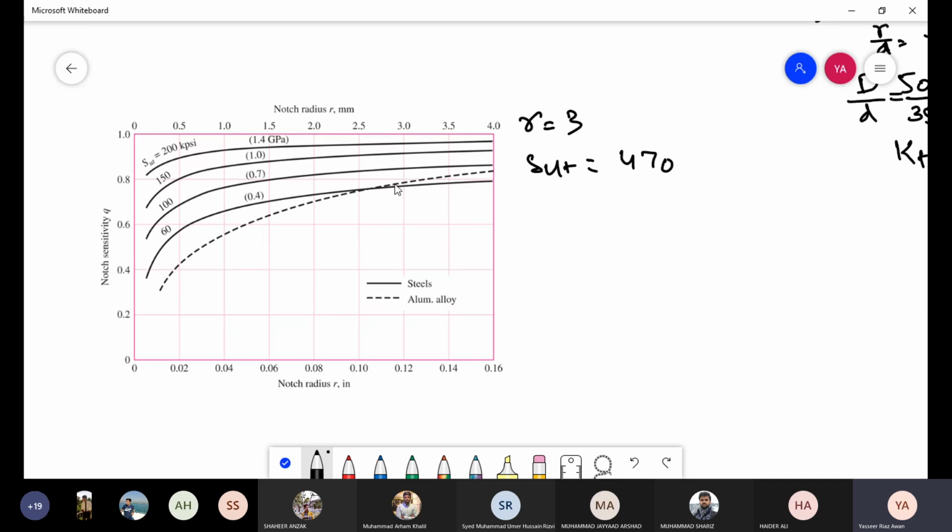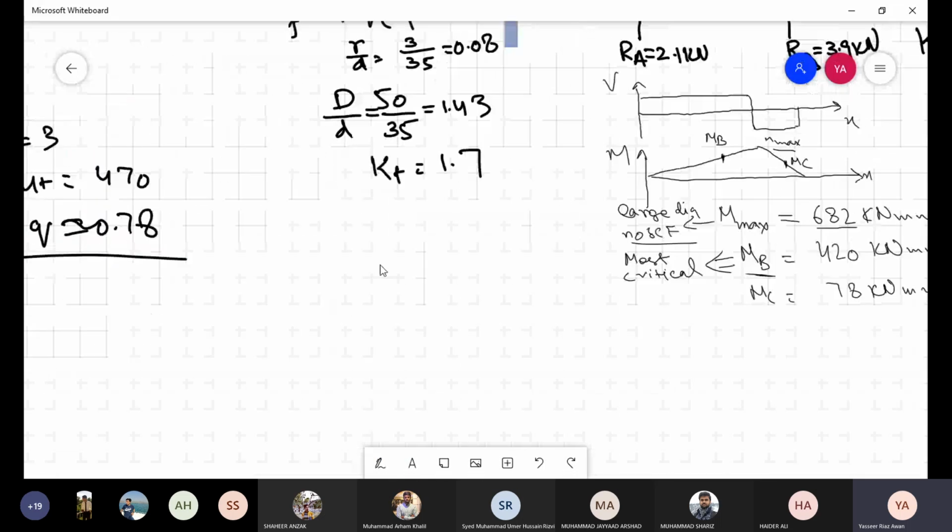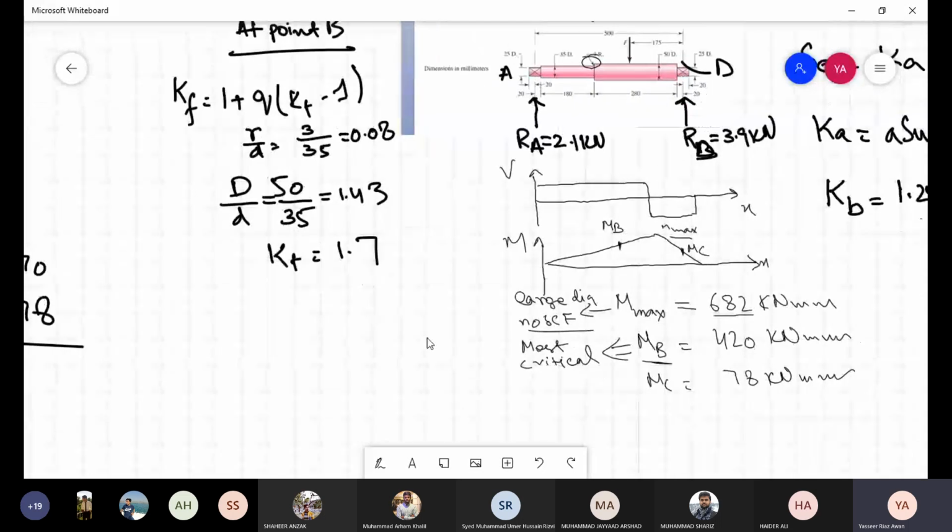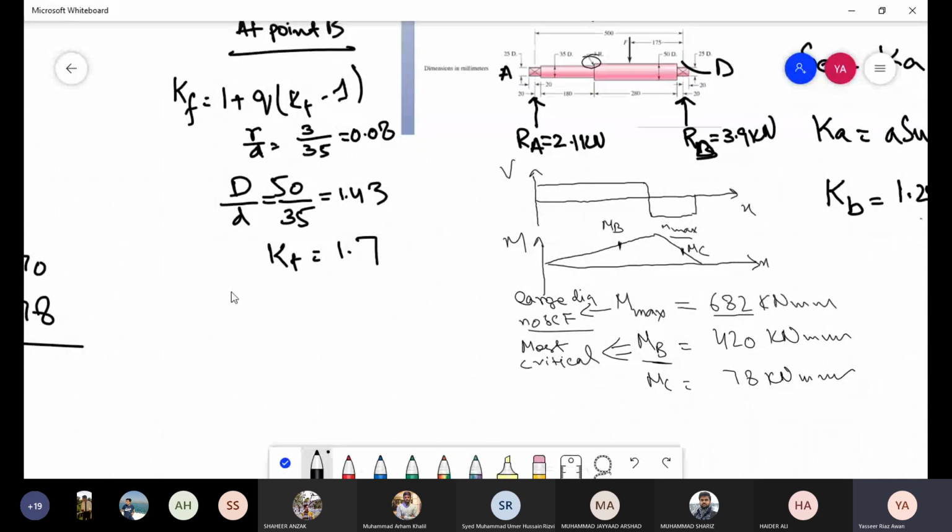For radius 3 this curve is 400, so 470 would be near this point, so q would be, I don't know, maybe 0.78, something like this. Again, you don't have to be too precise with this. The thing that you have to show is that you know which chart to look at and where to look on that chart.